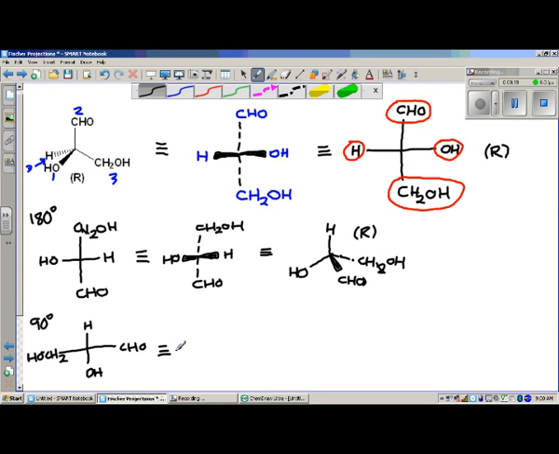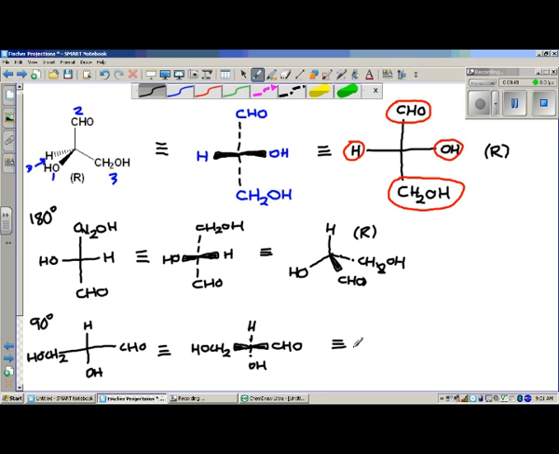But if I do the same thing here, with HOCH2 on a wedge, and on the other wedge my CHO, and then my hydrogen pointing like that and my OH pointing like this.